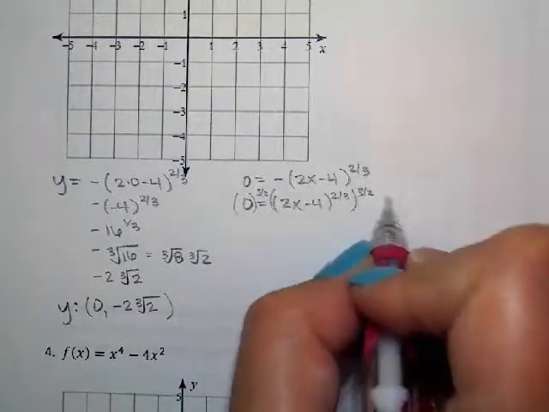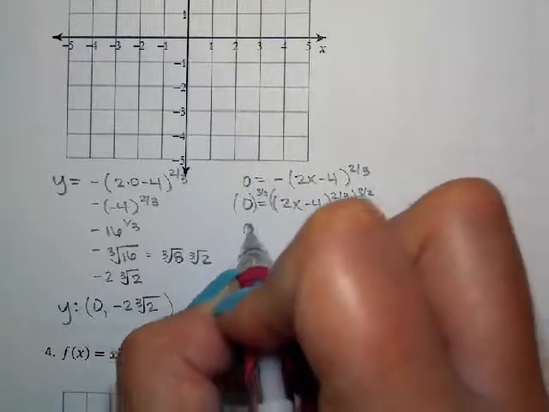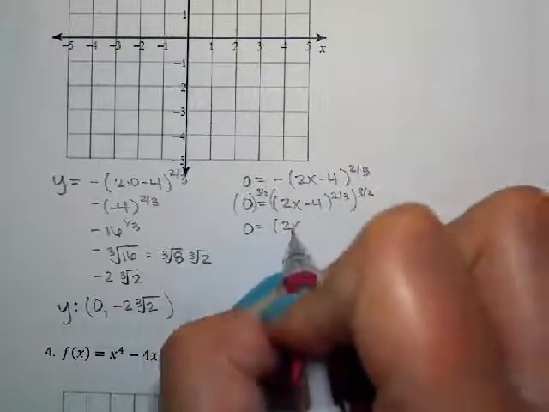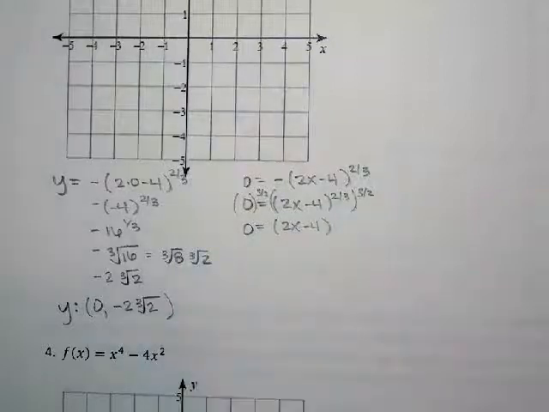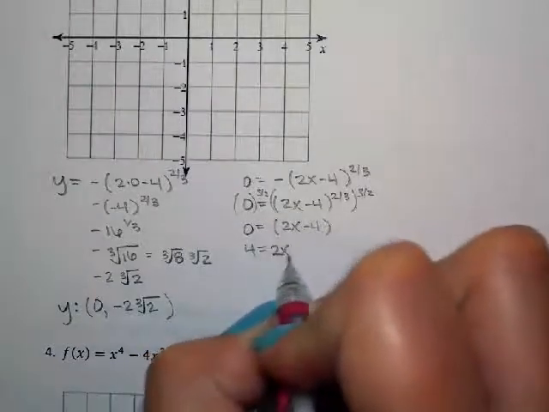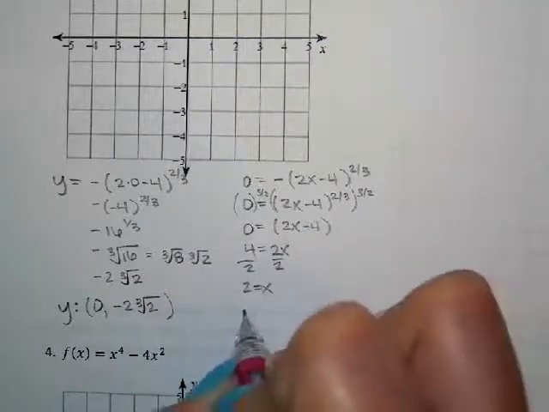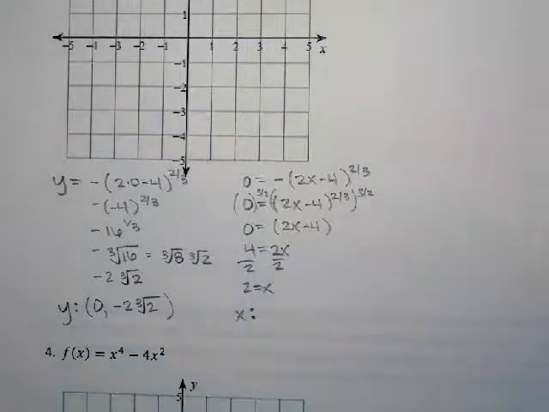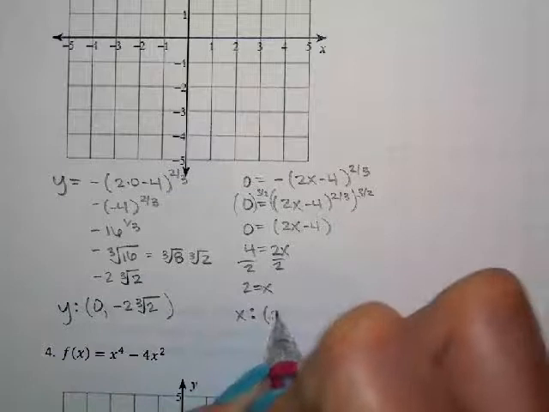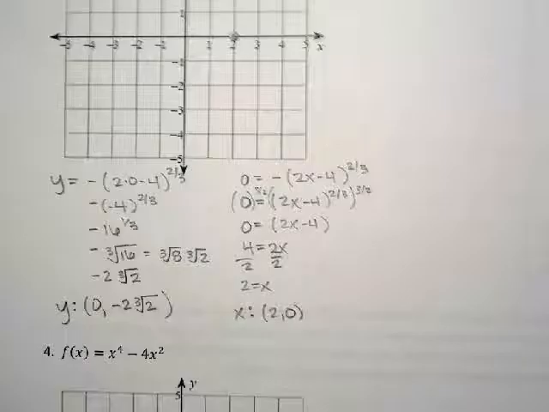So 2/3 raised to the 3/2, that cancels those out, they're just to the 1. 0 to the 3/2 is still 0. And the 4 divided by 2. Okay, so the x-intercept is, okay, thank goodness that is something we can graph easily.